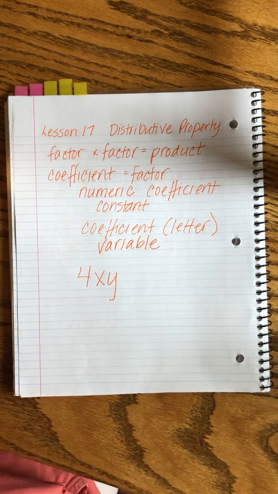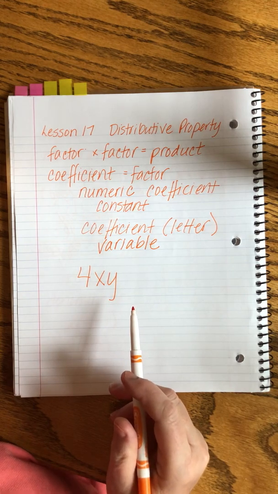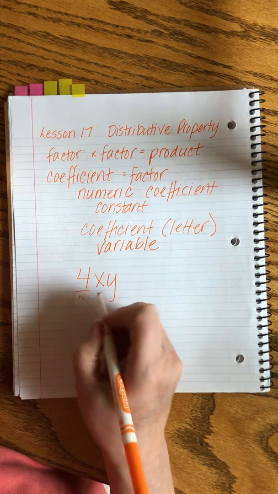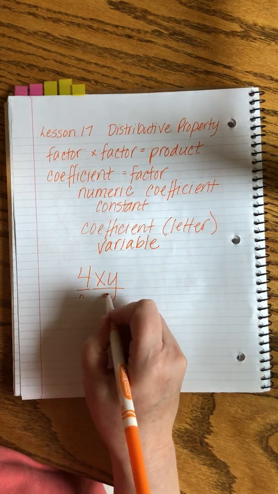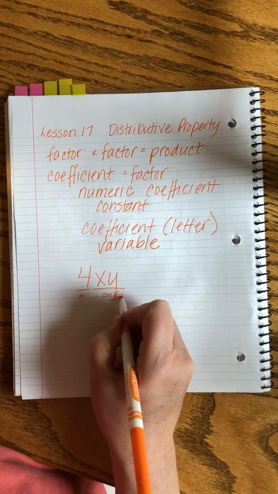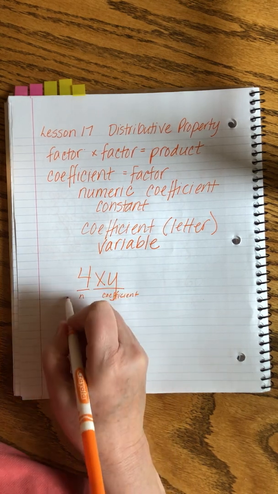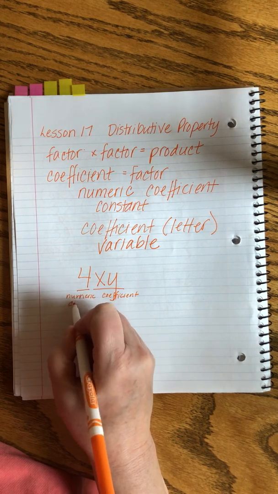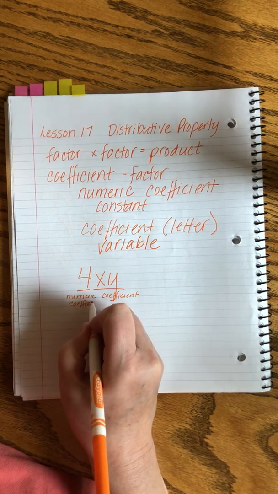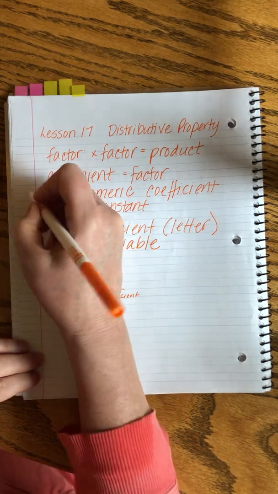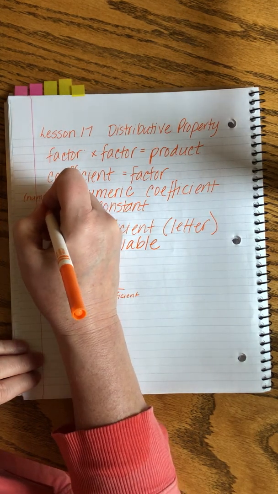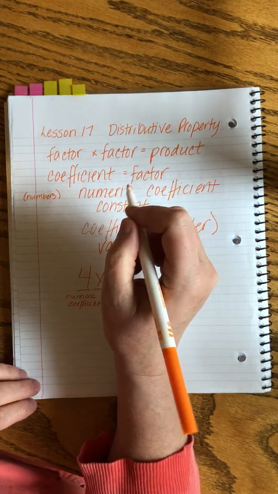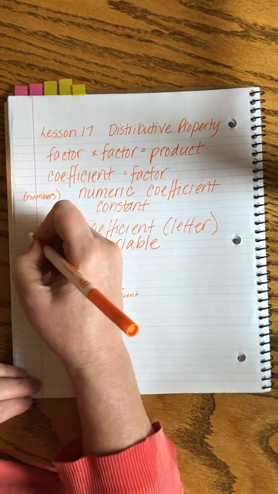So we can call each one of them a coefficient of the others. 4 is a numeric coefficient, and these are just plain coefficients. That's easy to tell apart, right? This is numbers, and this is letters.